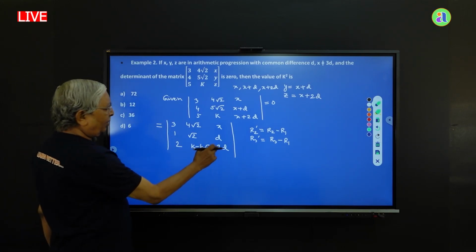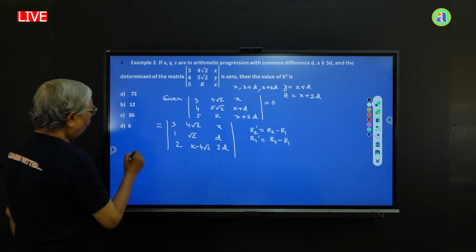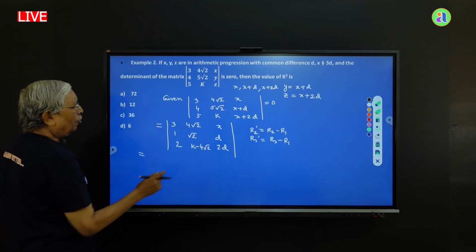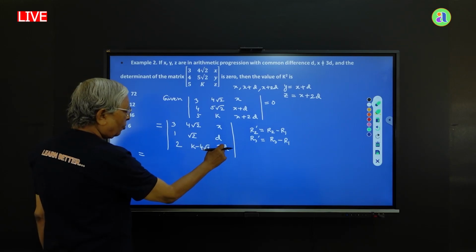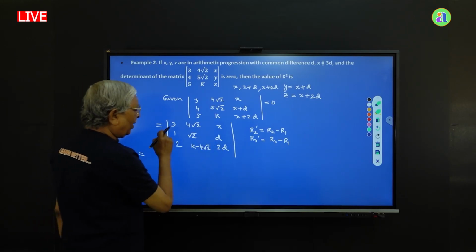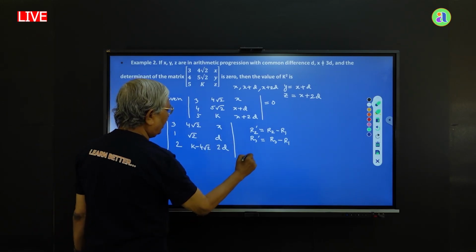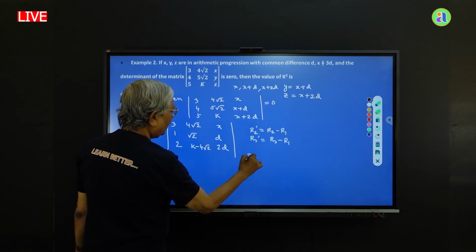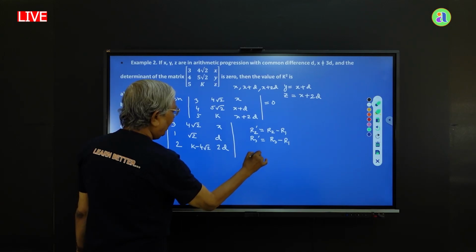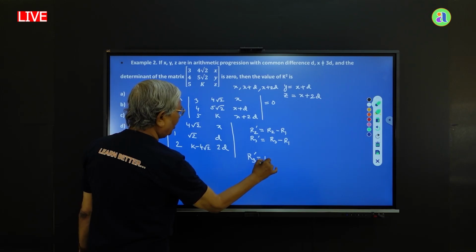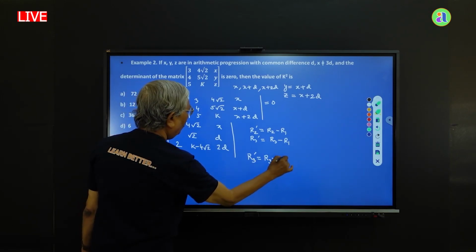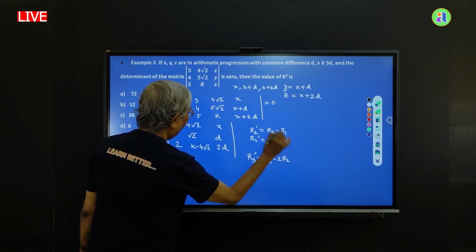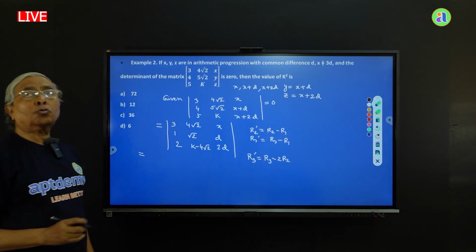Now, to make this element 0, what will be the operation? You multiply this by 2 and subtract. That means multiply the second row by 2, and the third row will be changed: R3 becomes R3 minus 2R2.